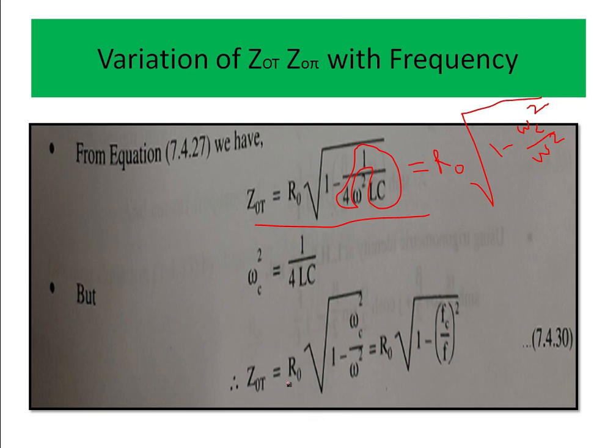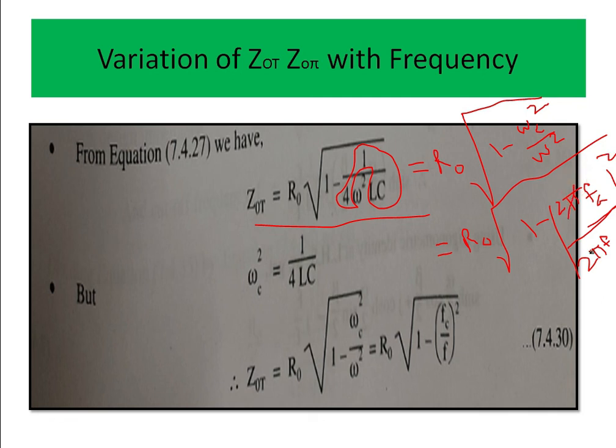ZOT and ZO pi with the frequency. ZOT is equal to R0 under root of 1 minus omega c square upon omega square, which is equal to R0 under root, then omega is equal to 2 pi f, so 2 pi fc upon 2 pi f, all squared.